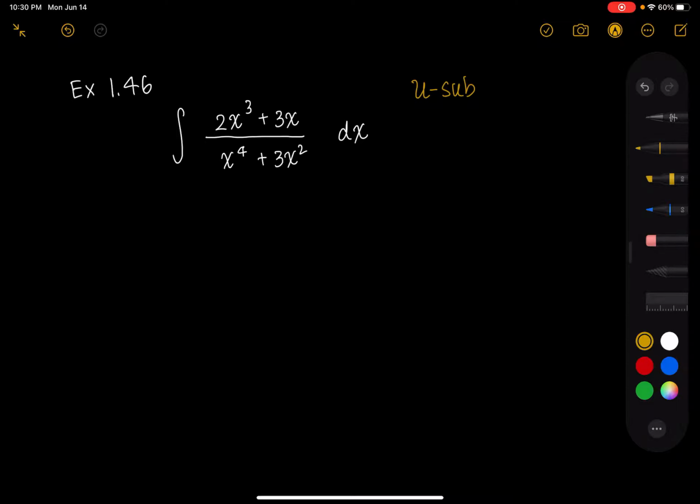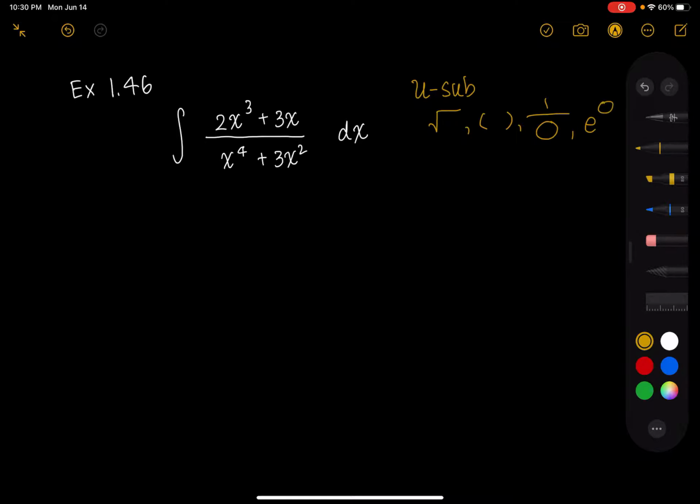And remember, when you apply the u substitution, you will set u to be the expression under the square root, inside the parenthesis, in the denominator, or in the exponent too.